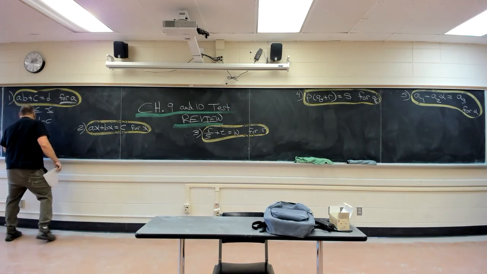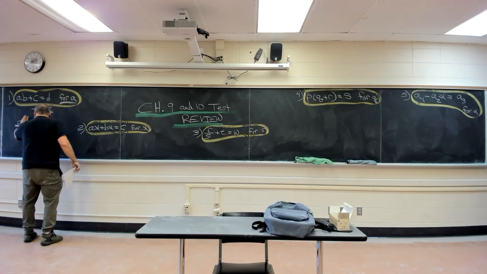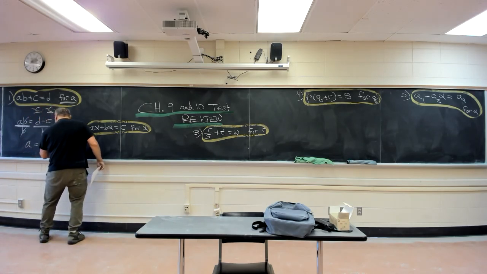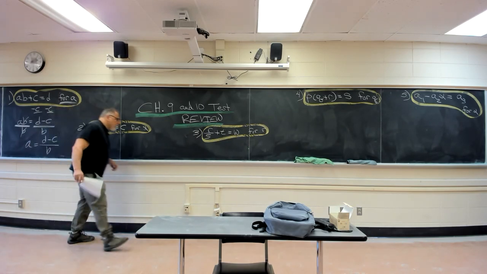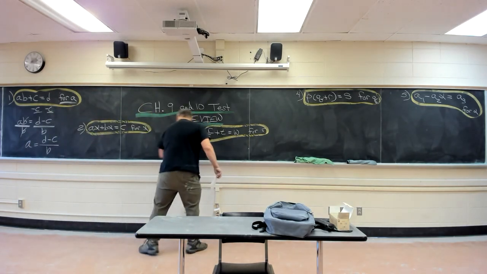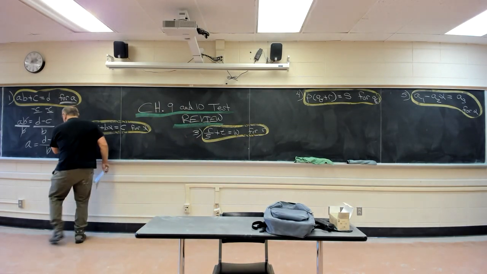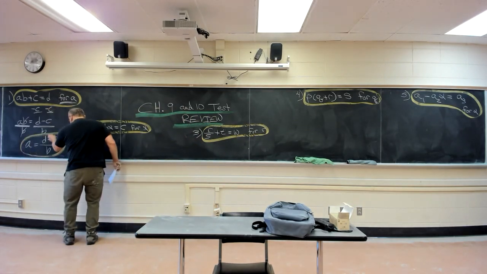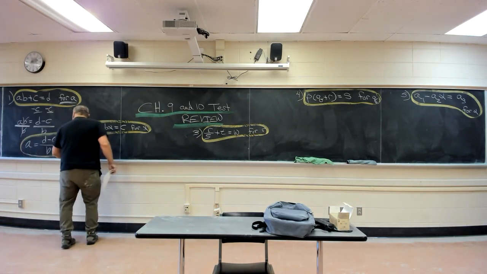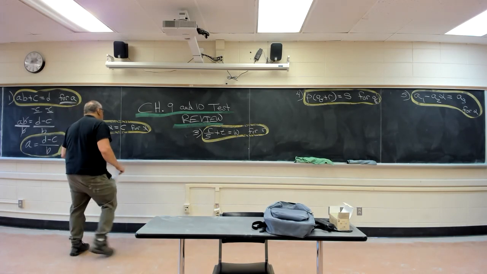Solve for A, get A by itself, divide by B. And there you go. You got that one.